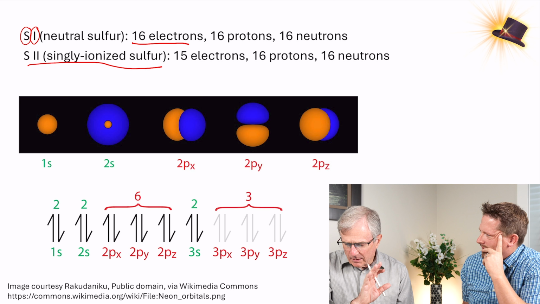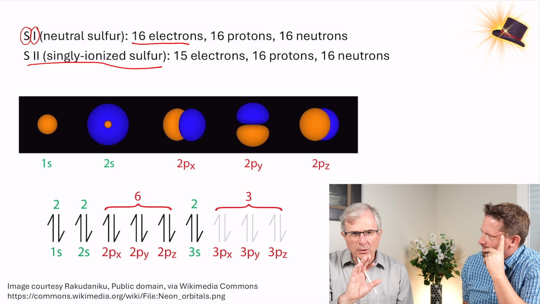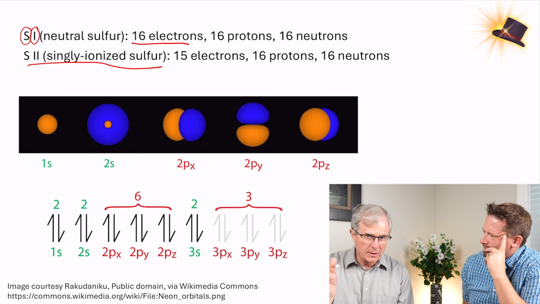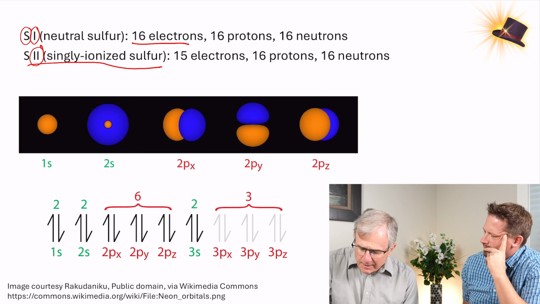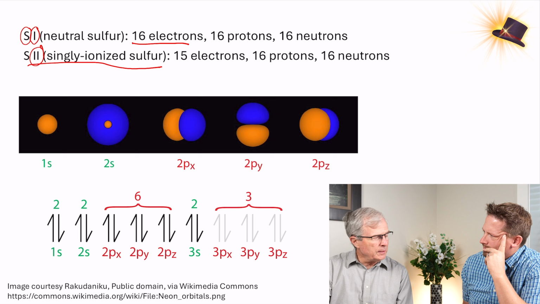It's the first state. It's just got an equal number of electrons and protons, so it's completely neutral. The negative electrons balance out the positive protons. When you put a 2 after it, that means singly ionized.